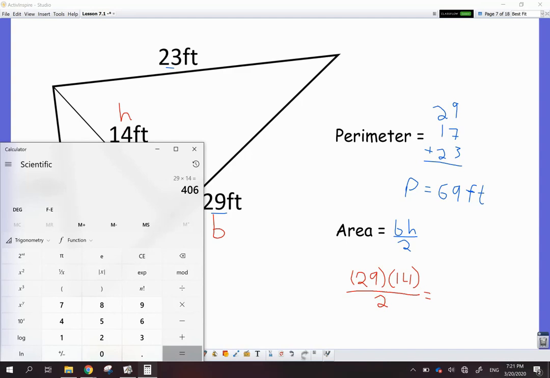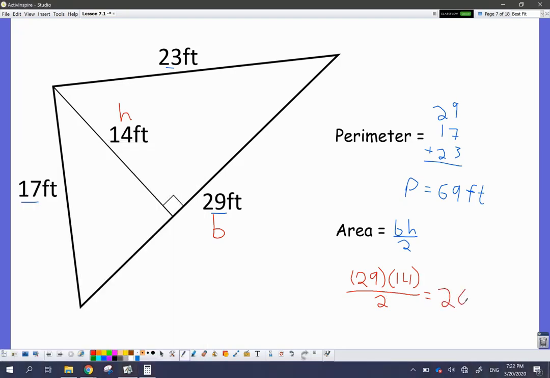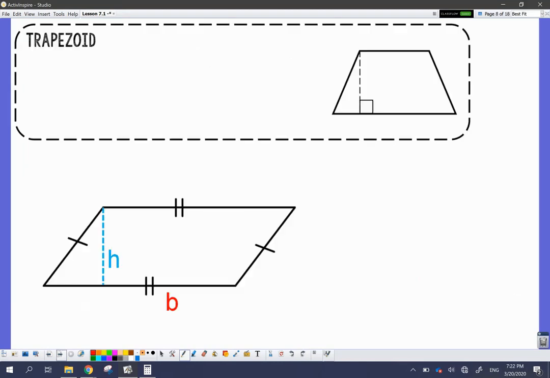Now I need to divide it by 2. That's what my formula says to do. And I press equal. 203. So my area here is 203. My units here are feet, so the area is feet squared, or square feet. 203 square feet. All right, let's continue.